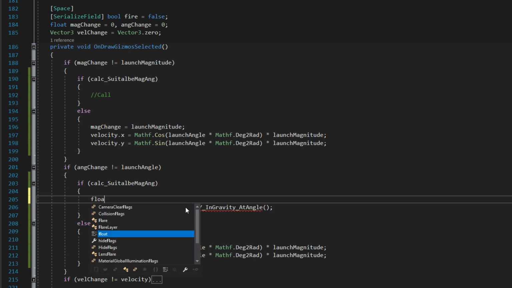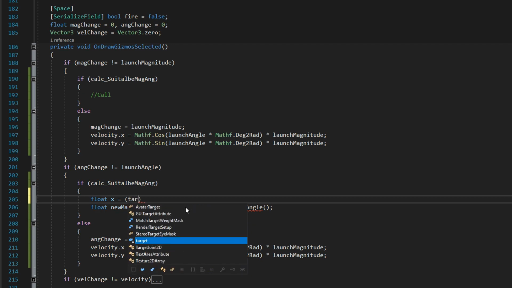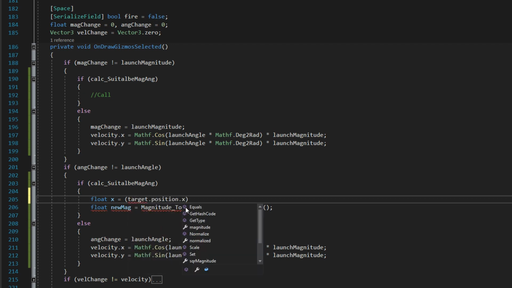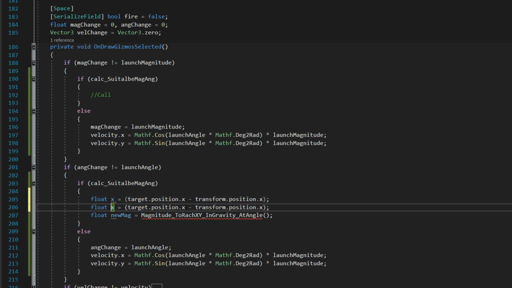So our x will be the distance we want to cover in the x direction, which is target.position.x we want to reach, minus transform.position.x, the distance we have already covered from the origin, of course. And same thing goes for y.